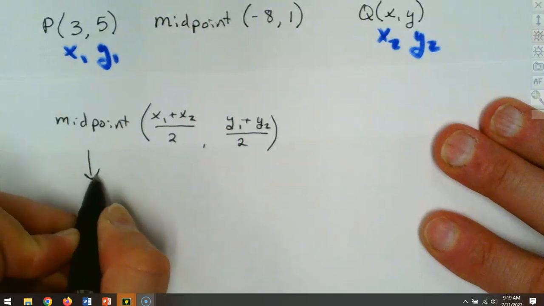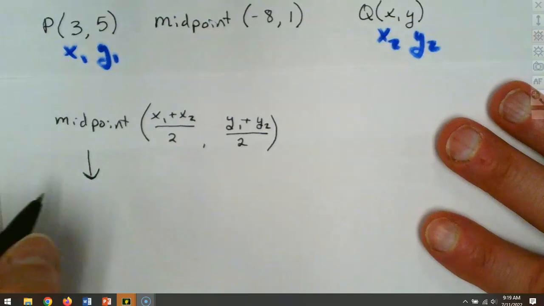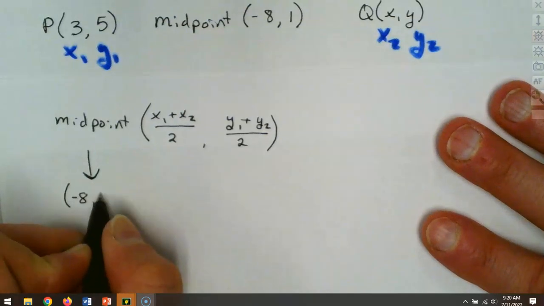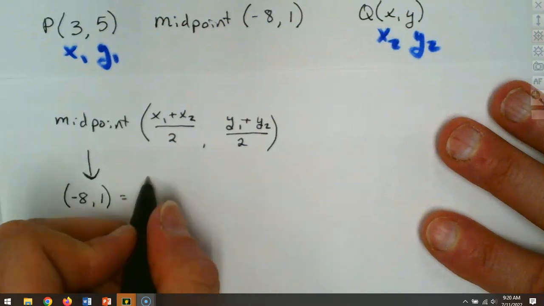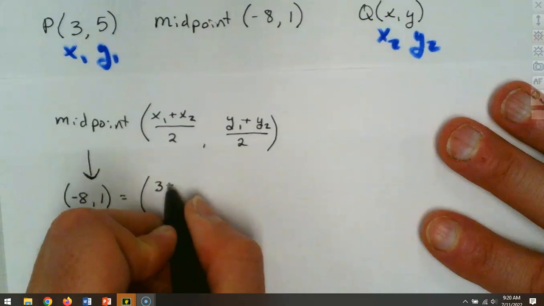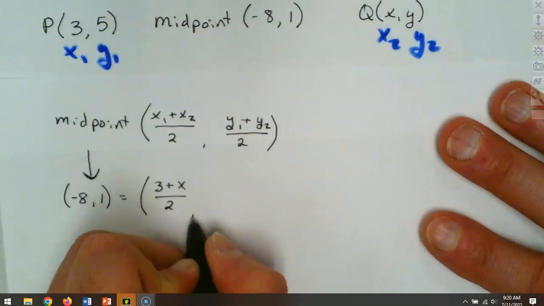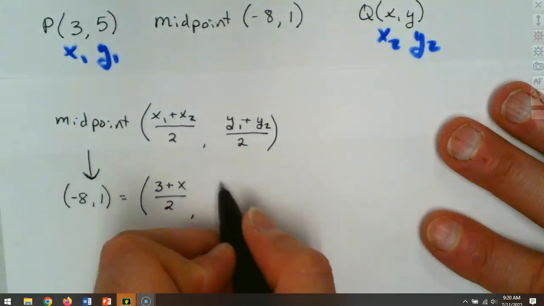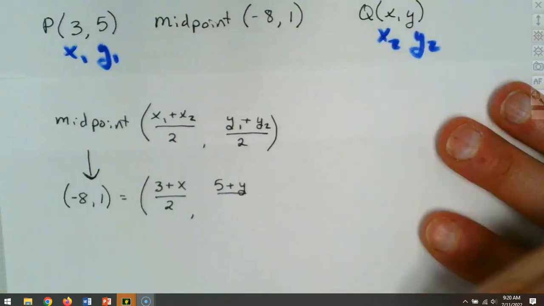In this case, what we know is we know the midpoint already. So the midpoint is minus 8, 1. So that's our given. And that's going to equal x1, which is 3, plus x2, which is x, over 2. And y1, which is 5, plus y, because that's y2, over 2.